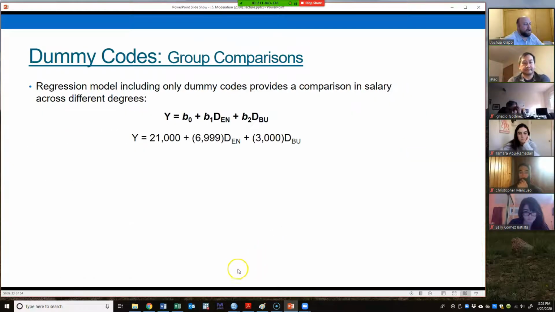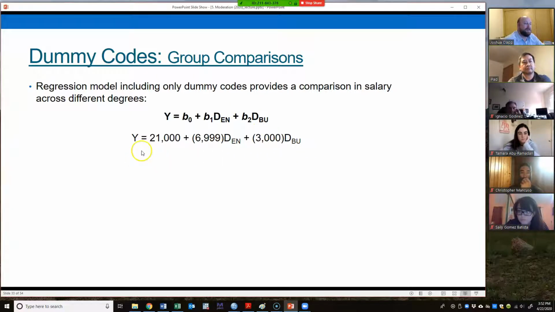Okay, so what I'm going to do then is regress salary onto my 2 dummy codes, okay? Y is my starting salary, and I regress it onto my dummy code for engineering and my dummy code for business, okay?